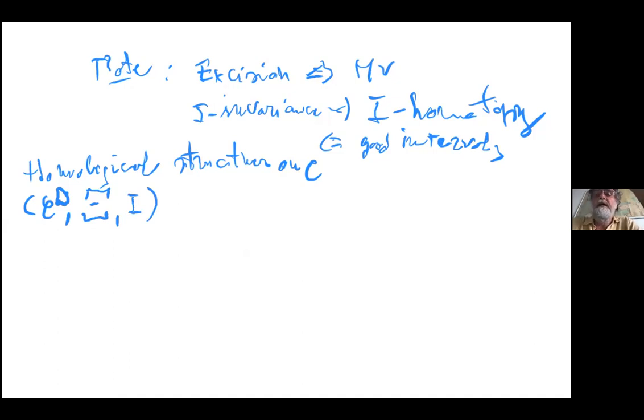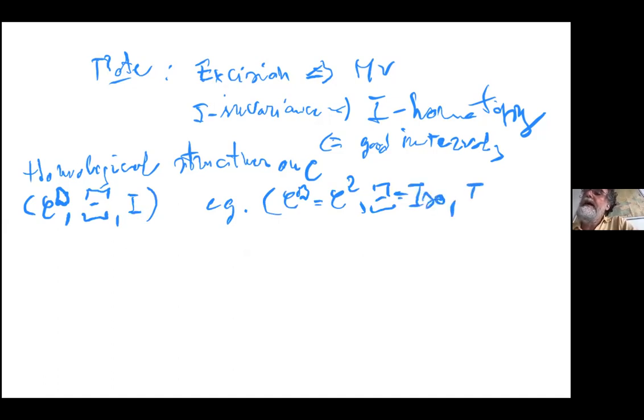And for this, for example, I can take C square equal to C2, this to be the isos, and I to be a final object. So at least I need a final object, and then this is a canonical, or initial, in some sense, homological structure on C.